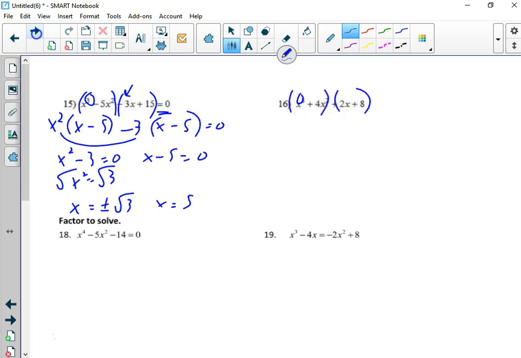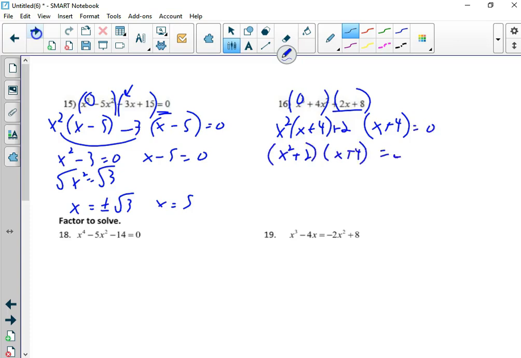Factor by grouping. Pull out x squared and get x plus 4. Write x plus 4 here. What do I need to divide this by? 2. X squared plus 2, x plus 4. Remember, equal to 0, all the way down. So x squared plus 2 equals 0. X plus 4 equals 0.